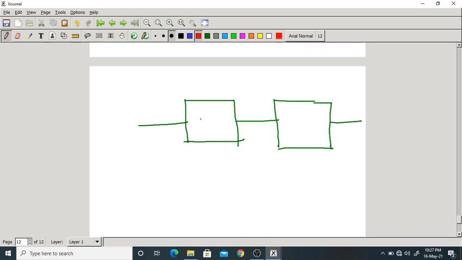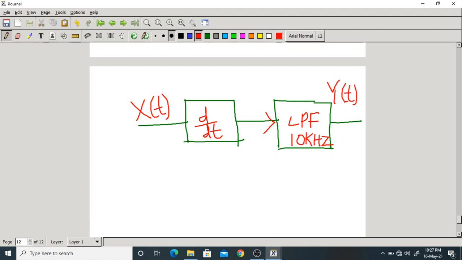First, they're passing through a differentiator, an ideal differentiator, and later a low pass filter with a cutoff frequency of 10 kHz. Now here x of t is the input, y of t is the output. So this is the systematic view.